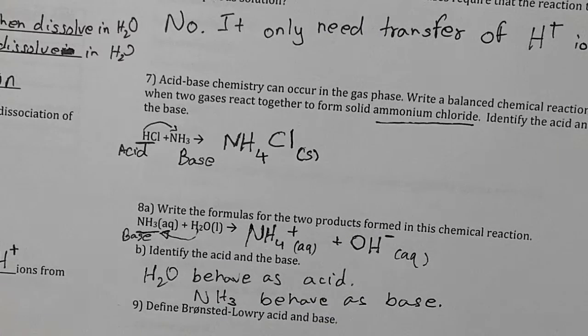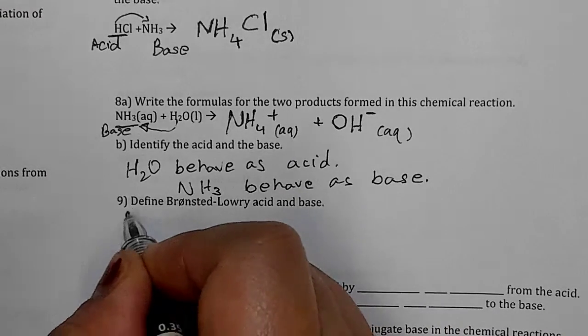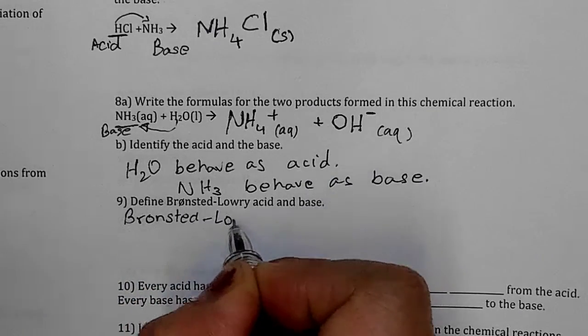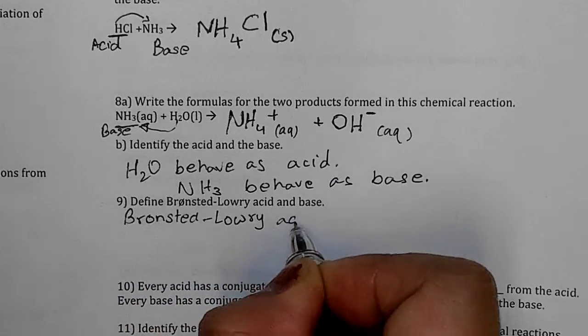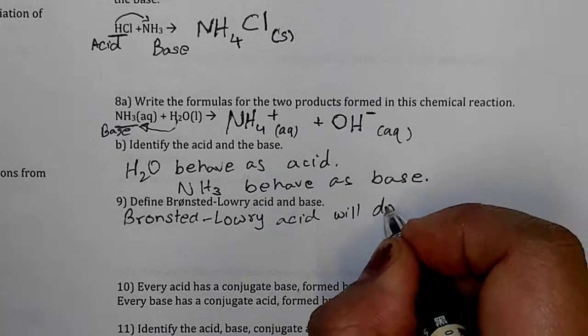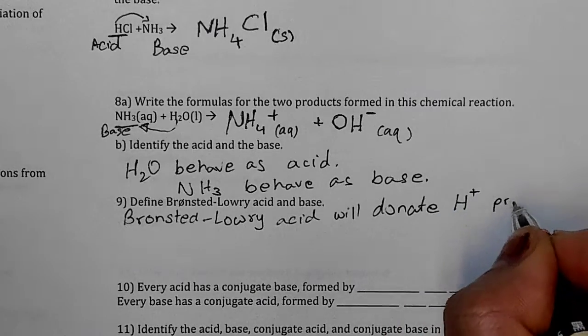Now number 9. Define Bronsted-Lowry acid and base. Now that we've been talking about it for a long time, what does a Bronsted-Lowry acid do? It's going to give off a proton. So a Bronsted-Lowry acid will donate H plus, the protons.